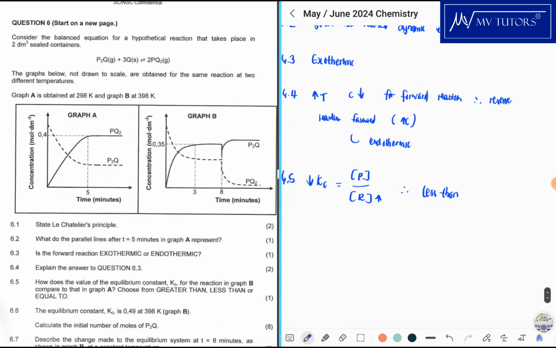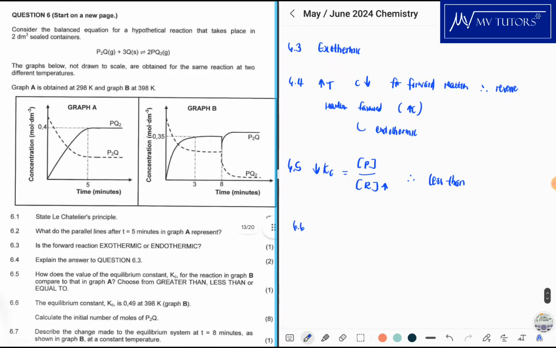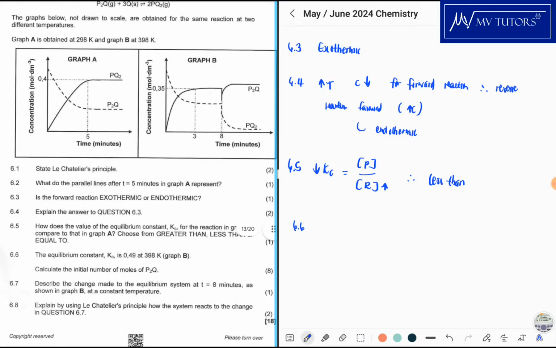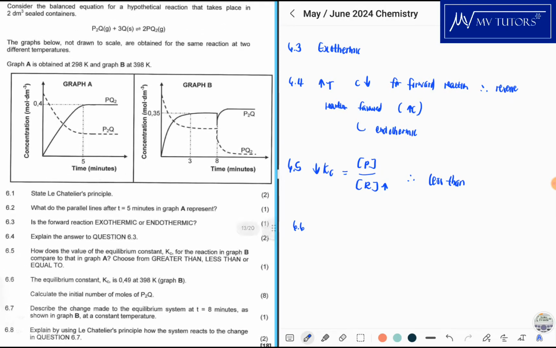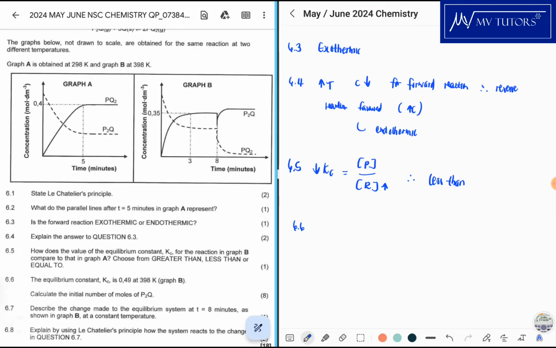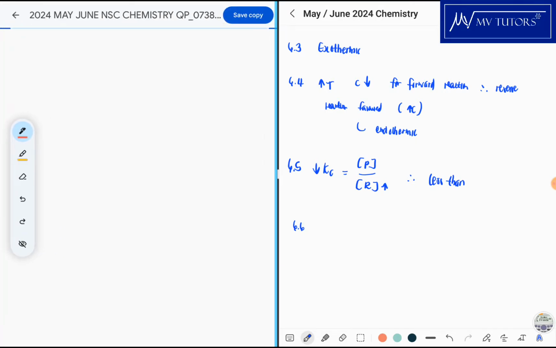And then 6.6. Ooh, 8 marks. We know we're going to draw the rice table. Actually, there's one thing I wanted to comment on as I was looking at these graphs. I forgot about it, but it's important to look at it again.